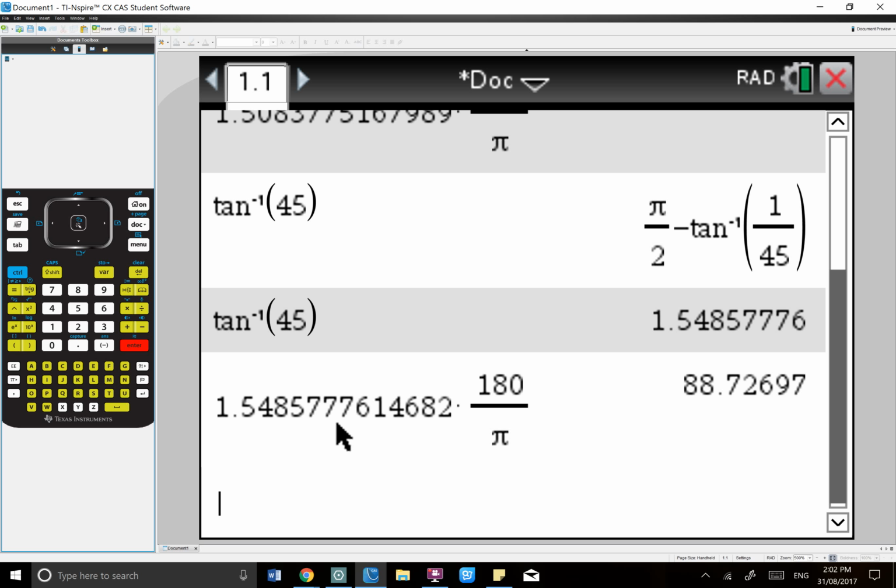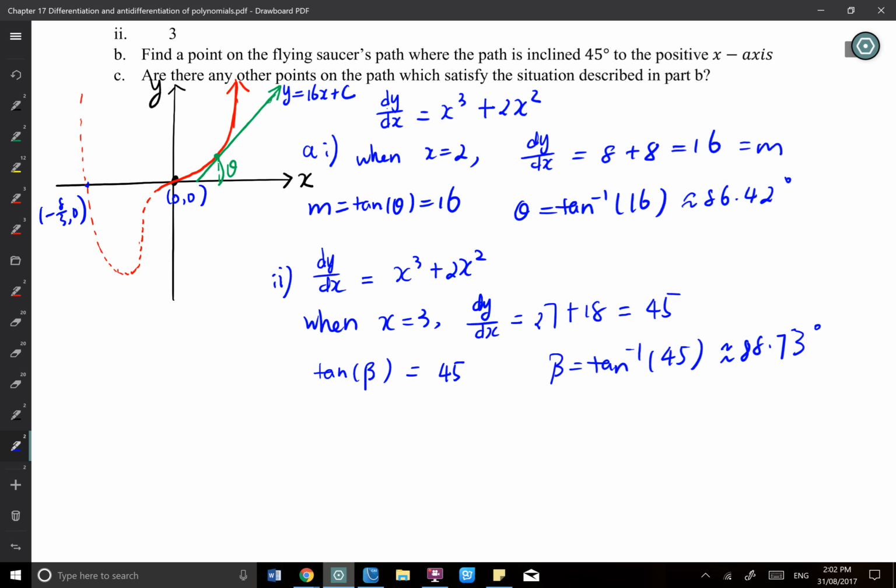I'm flying that way, so I need to continuously go up. So it's 88.73 degrees. That is the flying path. The direction of motion is 88.73 degrees with the horizontal. It's flying that way.